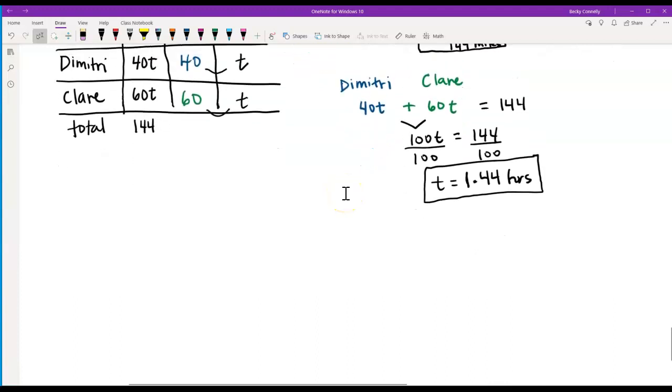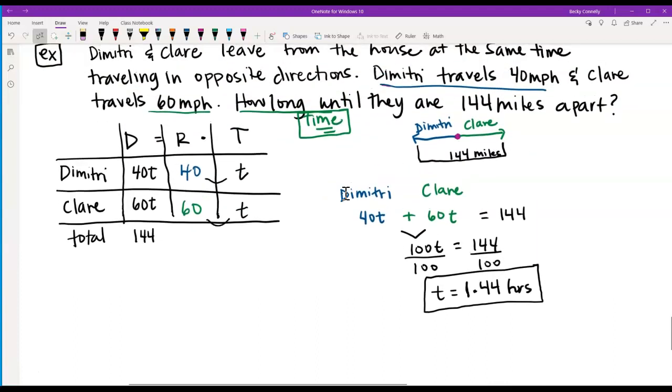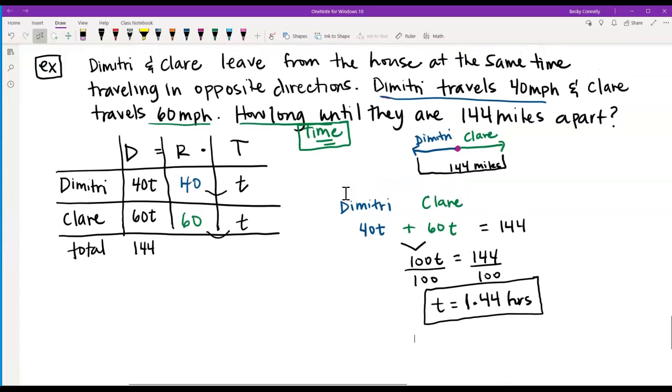You guys want to do one where, it could be a boat, it could be a car or something like that, but where one person leaves first and then the other one's trying to catch up to them? Should we try one like that too?